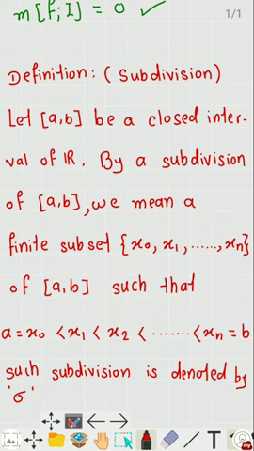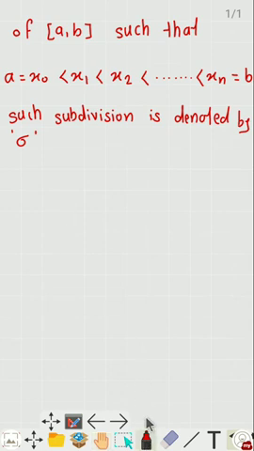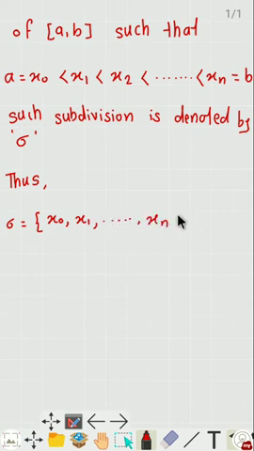Thus we write that the subdivision sigma is equal to the set x naught, x1, dot dot dot, xn. This is a subdivision.